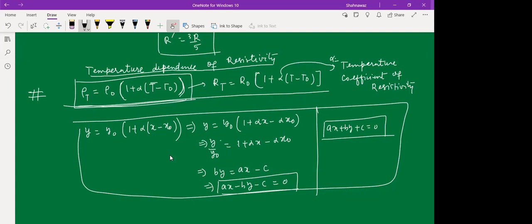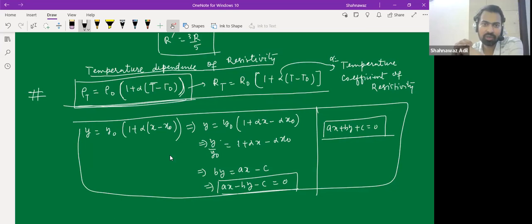One thing which is very important to remember is that this T minus T naught is small, right? Not very small, but it is small. So we are talking about the temperature dependence in a very short range, so in this range this behaves like a linear equation.